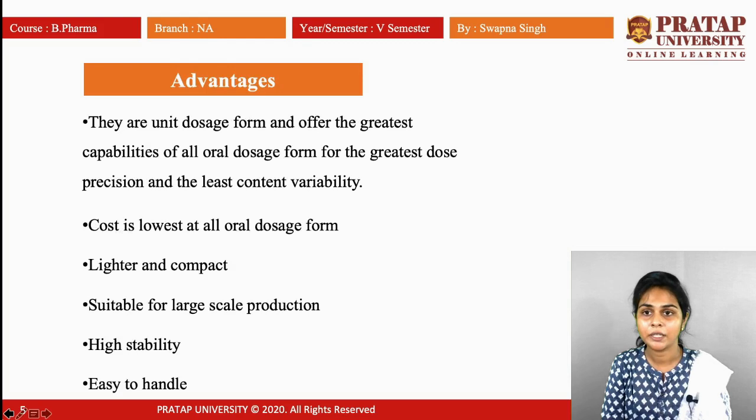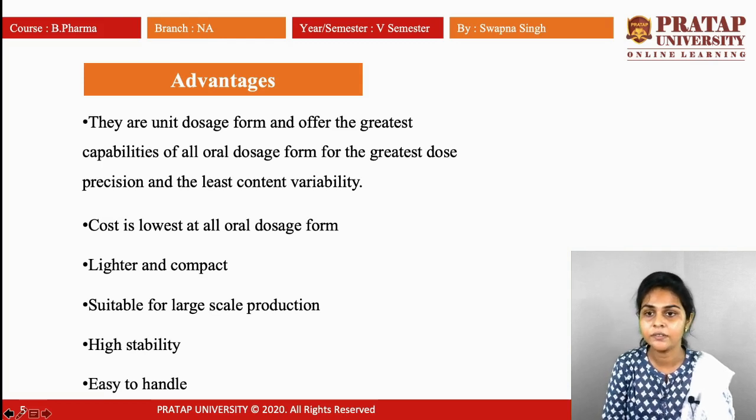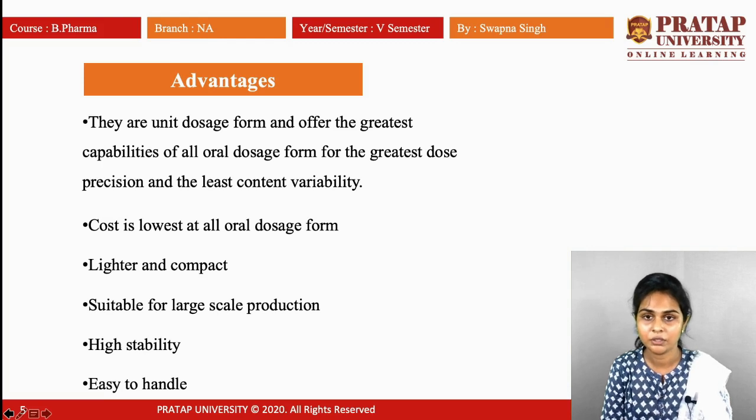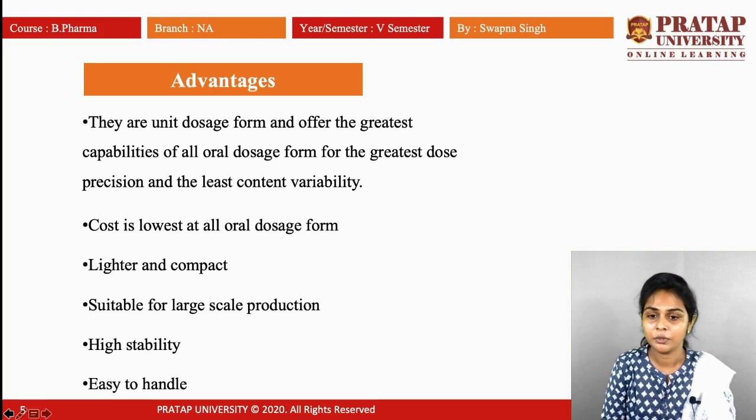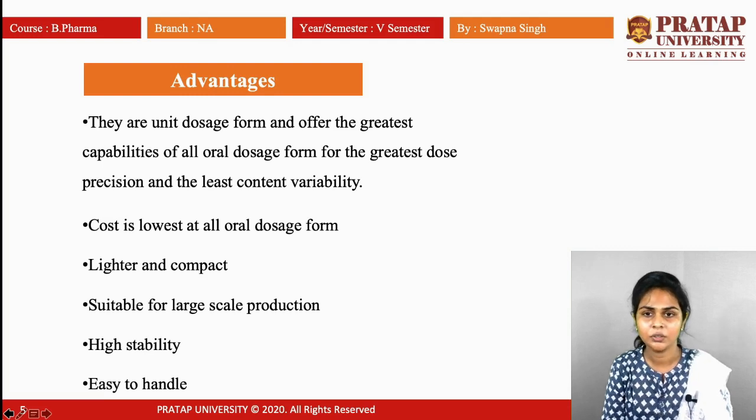So our next topic is advantages of the tablet dosage form. First, they are unit dosage forms and offer the greatest capability of all oral dosage forms for the greatest dose precision and the least content variability. As we know, a tablet is a unit dosage form. For example, if you want to give a patient a single dose, you can prescribe 500 mg, and you can easily give them a 500 mg tablet.